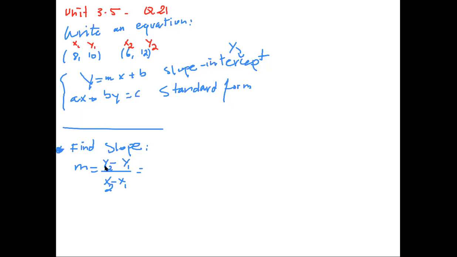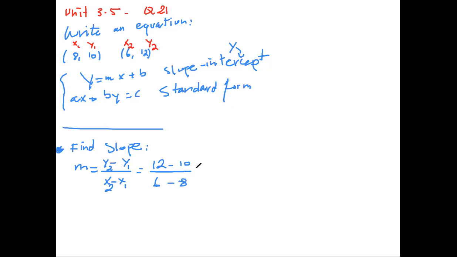All right, what is y2 from the pairs? y2 is 12. Take away 10. What is x2? 6. 6. That's right. And then x1, which is 8. 8. That's it.